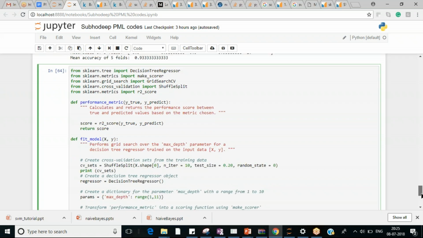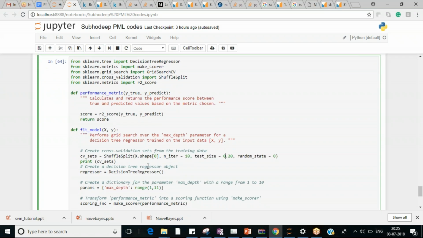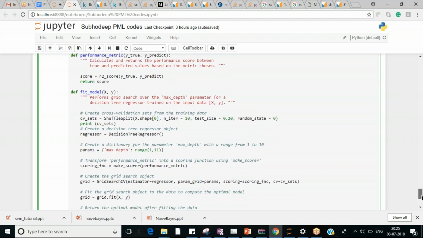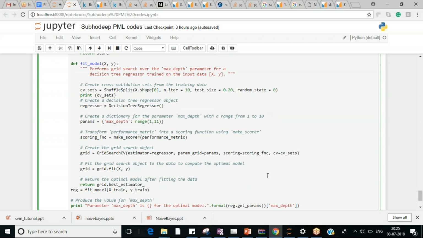Now just see here. The model I've taken is a decision tree. The parameter I've kept is max depth, and I'm checking the max depth from 1 to 11. Now I want to see at what max depth the tree is the best one, I mean, gives the best accuracy.